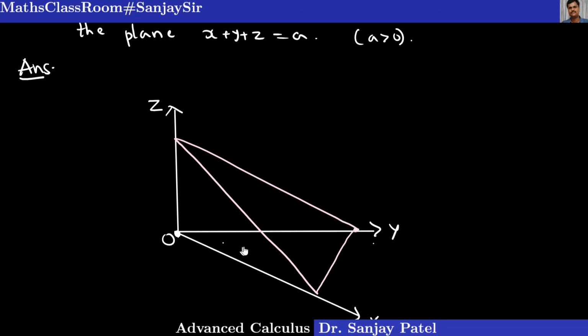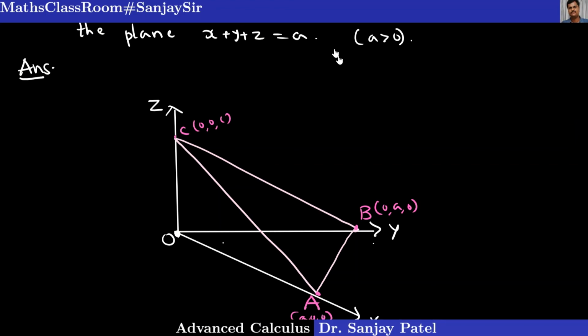You can call the vertices of this triangle, where this plane meets the three axes, A, B, and C. This is the x-intercept, which is A, so the coordinates of this point are (a, 0, 0). Coordinates of this point are (0, a, 0). And this is (0, 0, a).